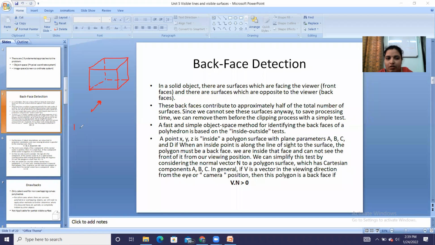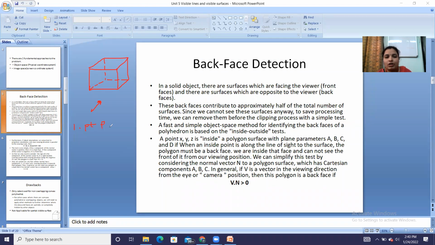So the first step is we need a point. Consider a point P. First you have to check whether this point is inside this cube or not, whether the point belongs to this cube or it is outside.